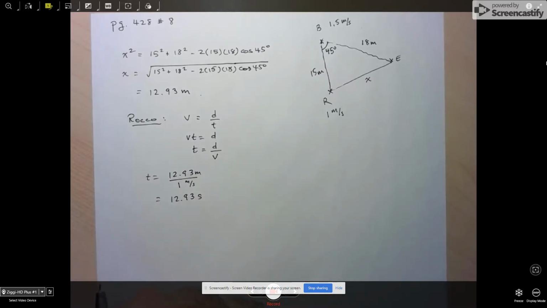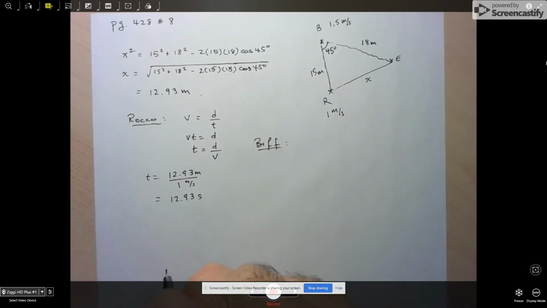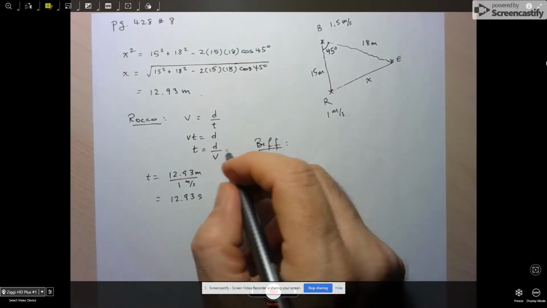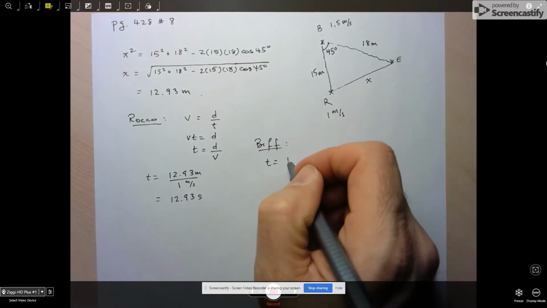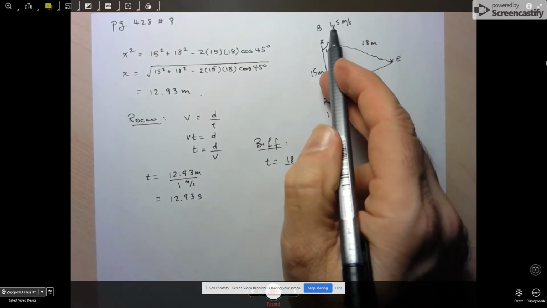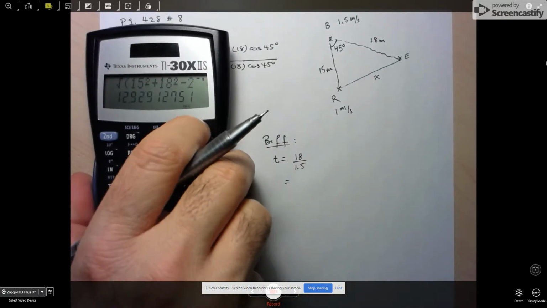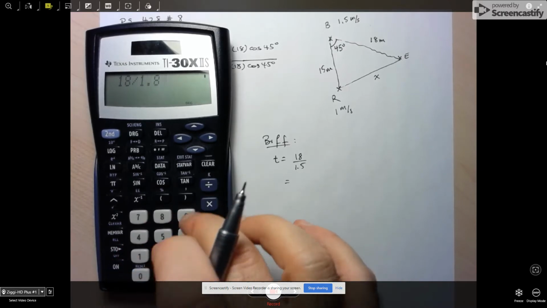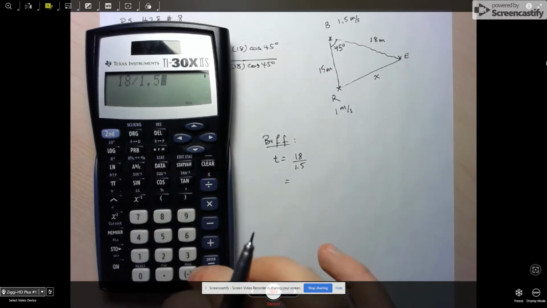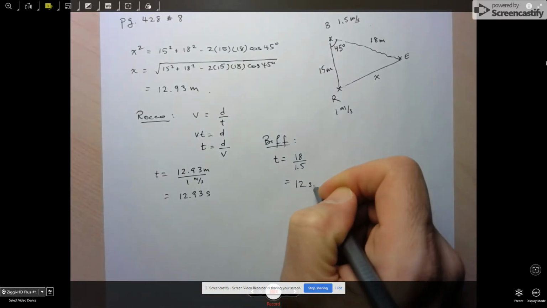All right, so now let's do the same thing for Biff and see how that goes. So here we've already isolated t, so t is equal to the distance that Biff has to travel, which is 18 meters, divided by his speed, which is 1.5. And so the time here is 18 divided by 1.5, which is equal to 12. All right, so that's 12 seconds.